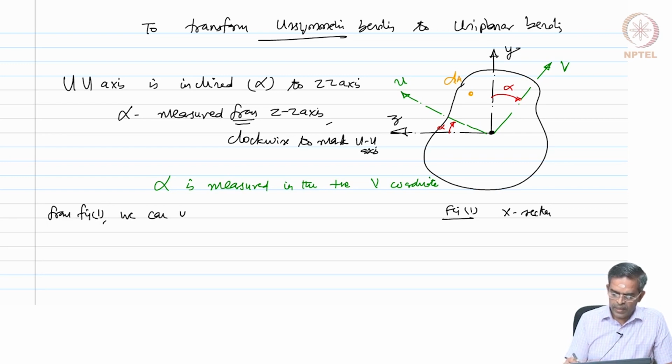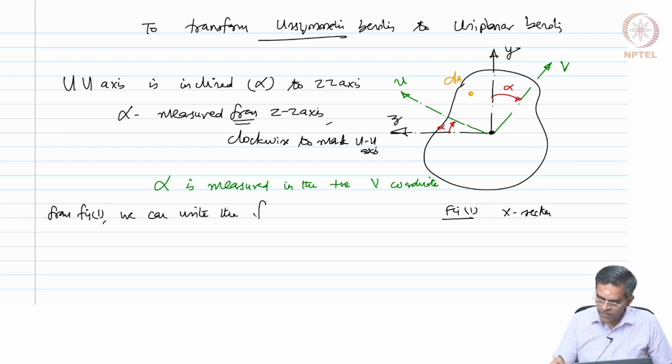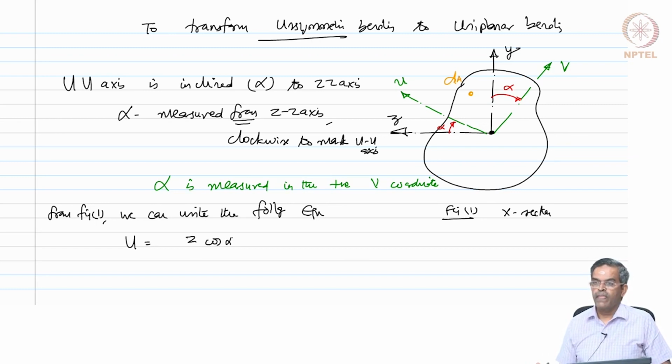So, from figure 1 we can write the following equation. What are they? U is given by z cos alpha plus y sin alpha.